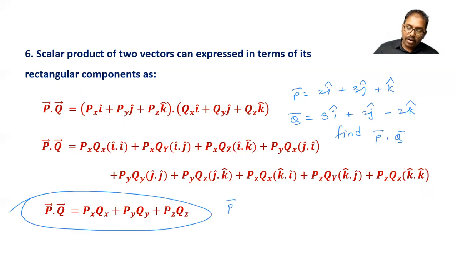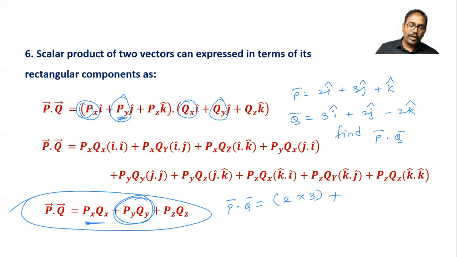So p bar dot q bar is equal to px qx. Px means the î component, so with î here 2 and here 3. 2 into 3, plus py qy. Py is this and qy is this, with ĵ 3 and with ĵ 2, plus pz qz.